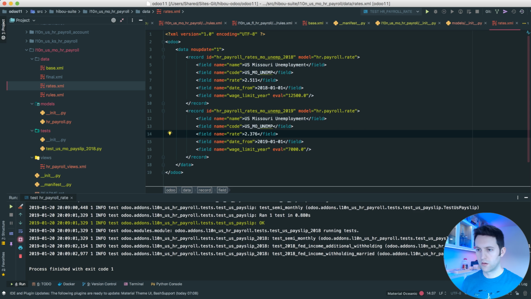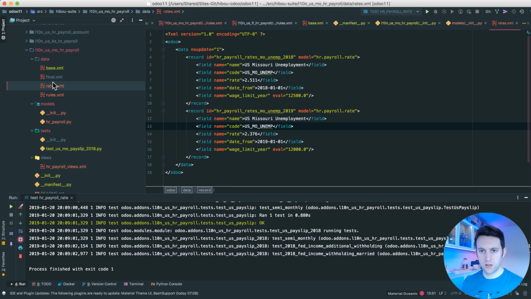Okay, and our base wage. Okay, so it was 12,500 before, indeed it was, and now it's actually dropped down to just 12,000.